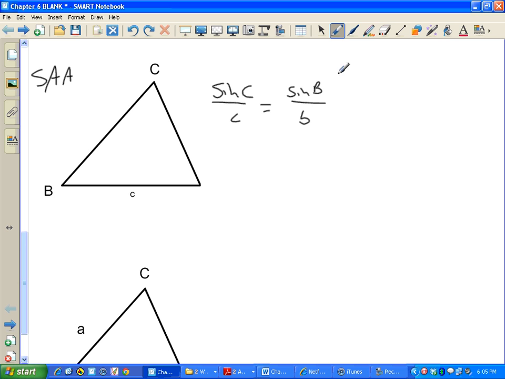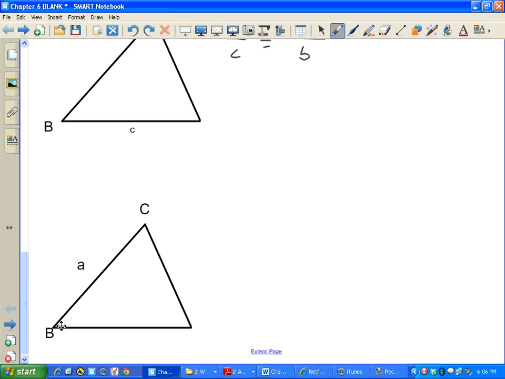Then I just need one other piece from the other ratio. So this one will work. How about this? B over B, I don't know B, so I don't have a fraction there. C, I don't have the other C. A, I don't have the other A. So this doesn't work. Angle, side, angle does not work.